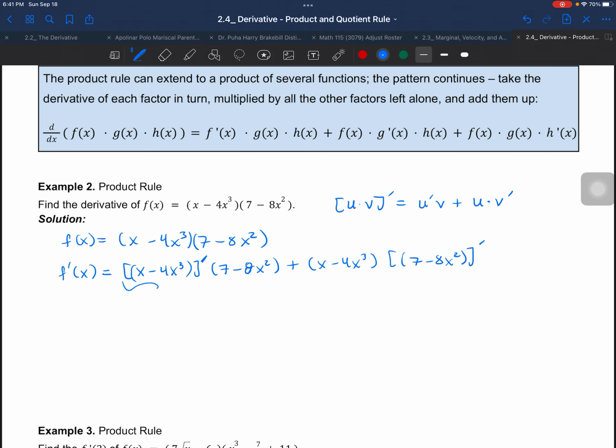Now that we have set it up, this is technically the derivative, but now we just have to execute these two derivatives. So we're going to take the derivative of that. The derivative of x is 1, and the derivative of minus 4x cubed is minus 4 times 3x squared. When you take the derivative of a function that was part of a group, it stays as a group after you take the derivative, so I'm going to keep those parentheses surrounding the derivative that I just found.